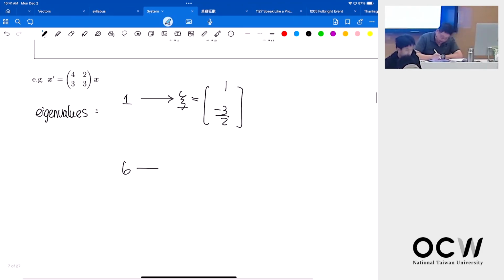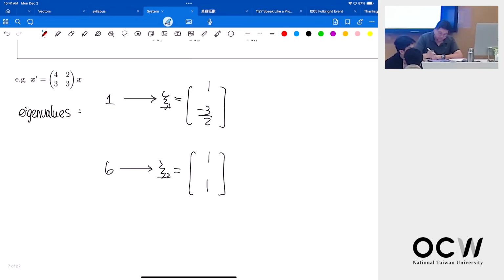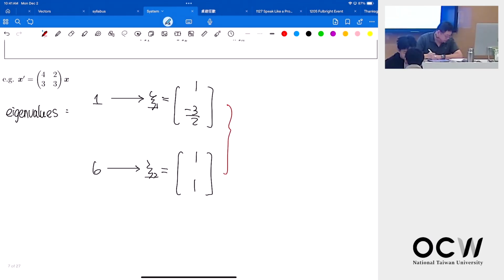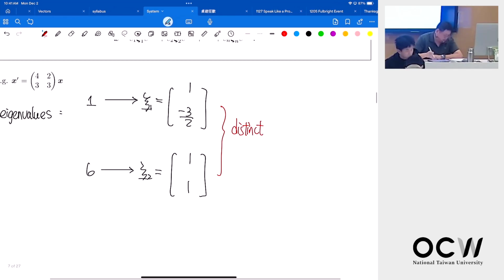When the eigenvalue is 6, the eigenvector is 1, 1. You can see those two eigenvectors are distinct, so they are linearly independent.